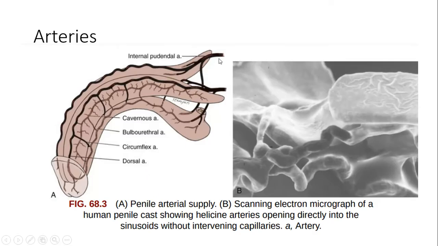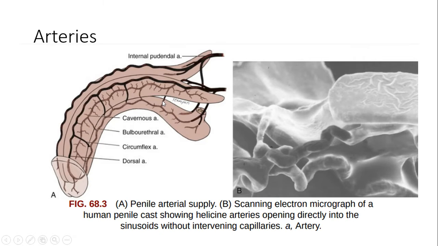Arterial supply. The arterial supply goes through the internal pudendal artery. That is the penile arterial supply, and it supplies the corpora cavernosa as well as the corpus spongiosum.